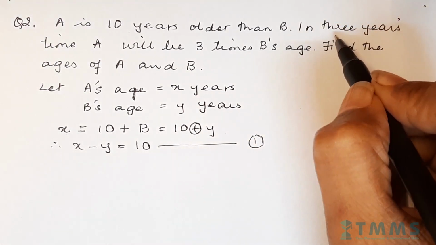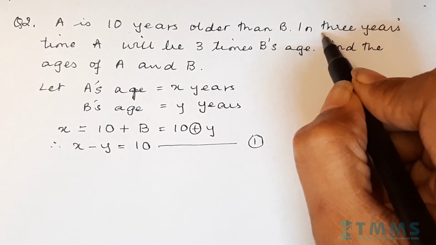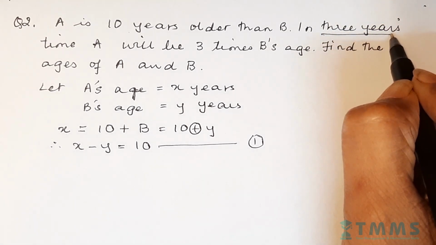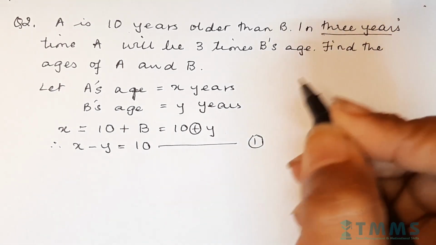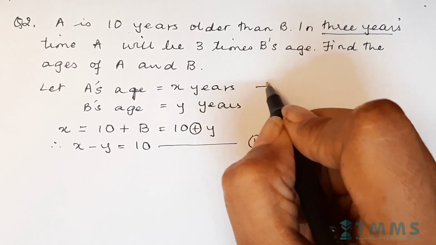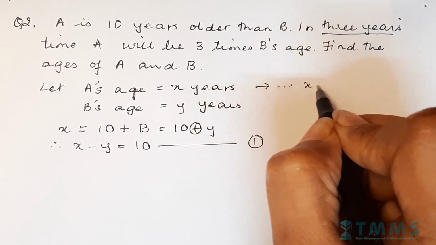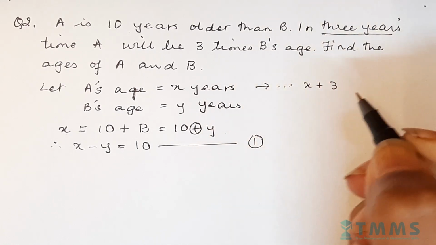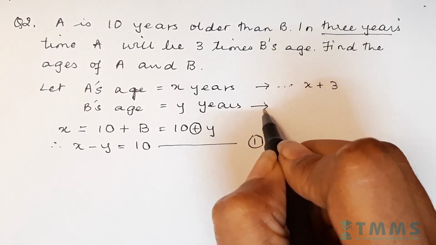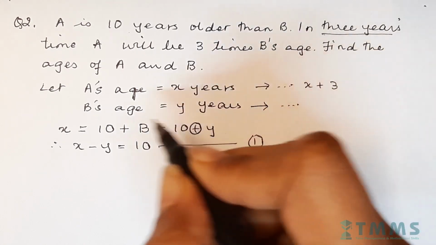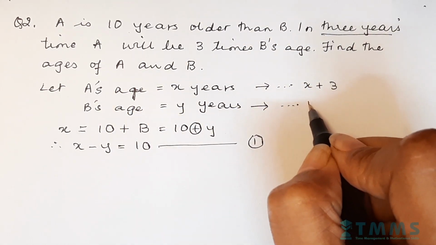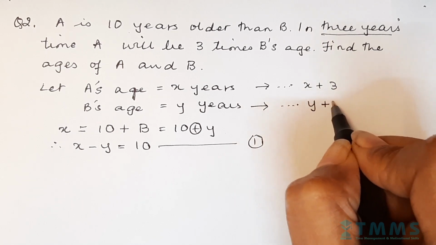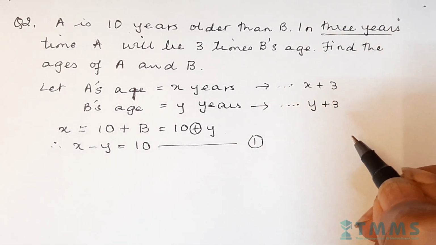Now, the second part of this equation talks about 3 years' time. In 3 years' time, A is going to be X plus 3. What will be B's age? B is Y just now, and so he becomes Y plus 3.